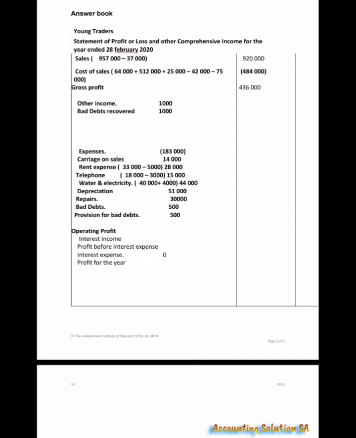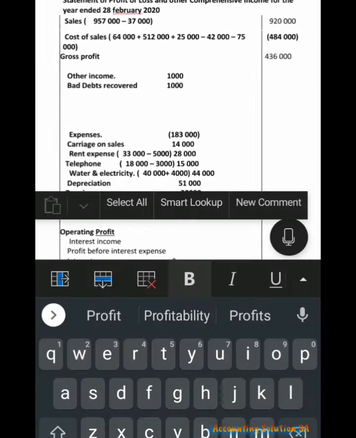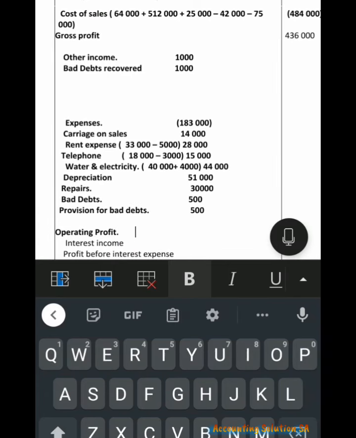Then we subtract 183,000, the total of expenses. Then we're going to get operating profit of 254,000.